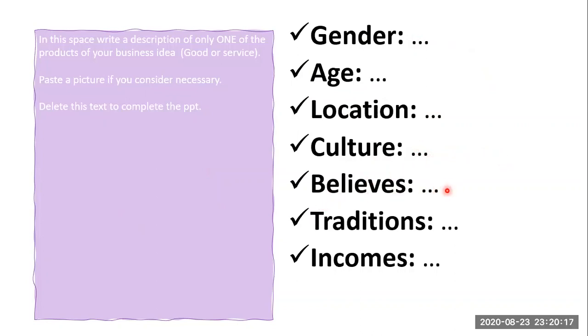Beliefs, people who believe that they are practical and they look good on them. Traditions, maybe people who are used to wearing jeans since they were younger. Incomes, okay, these jeans are pretty expensive, so my market is going to be people with above average incomes. Okay, that's your homework. This is going to be in Edukai.